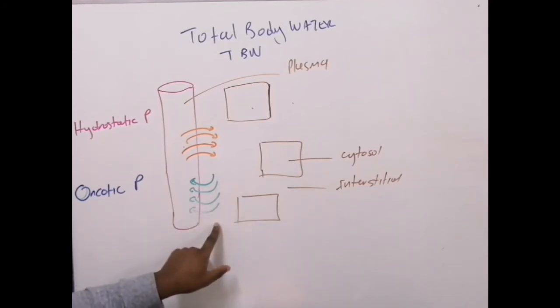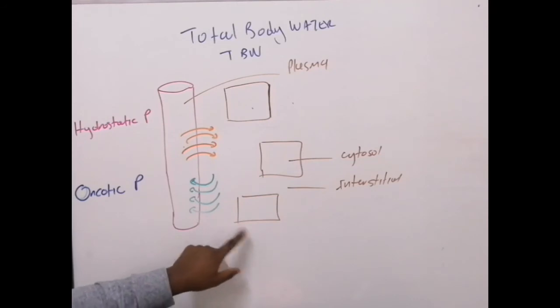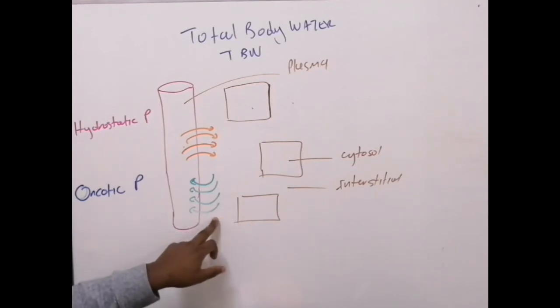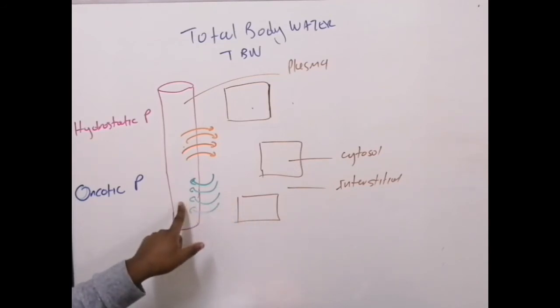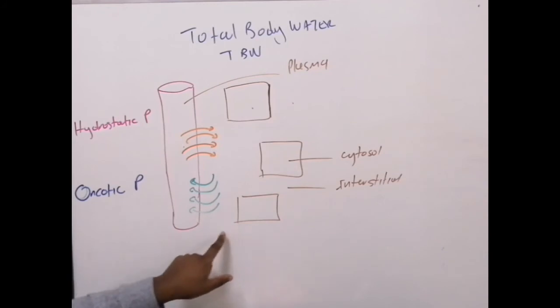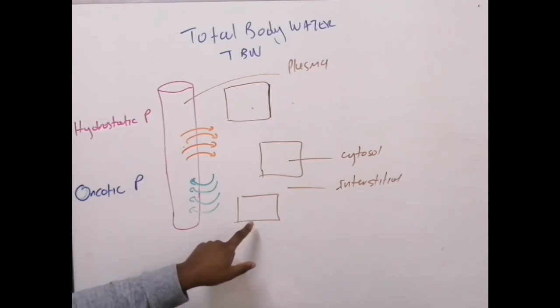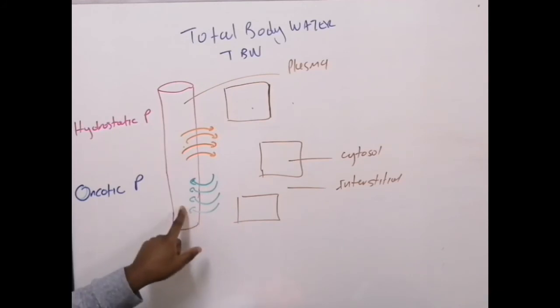We are going to talk about what determines the movement of water into and out of the cell. But now you are depleting your intracellular and your interstitial fluid just to replenish your intravascular. So that's also pathological. So you want a balance every time and any time.